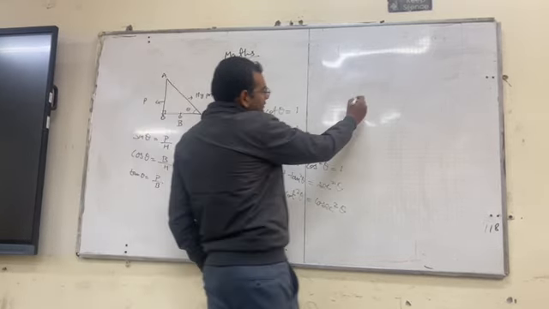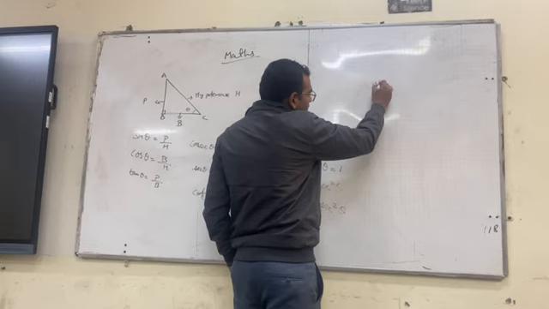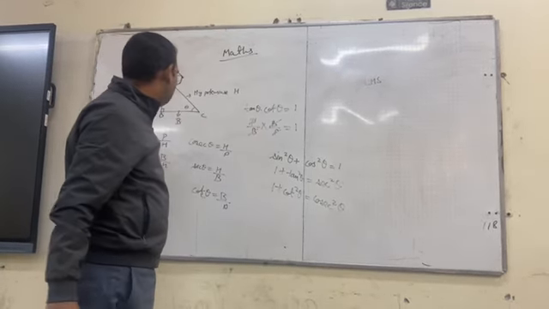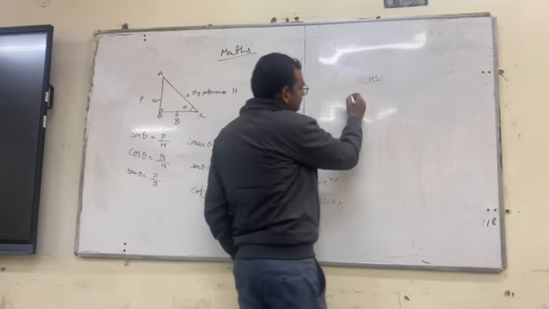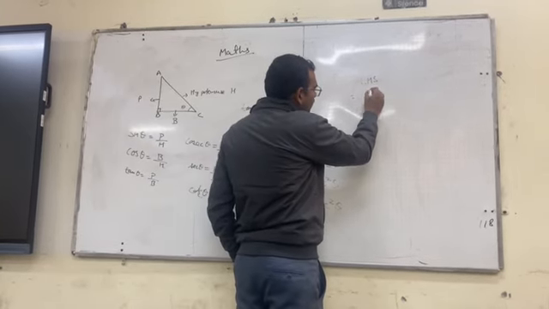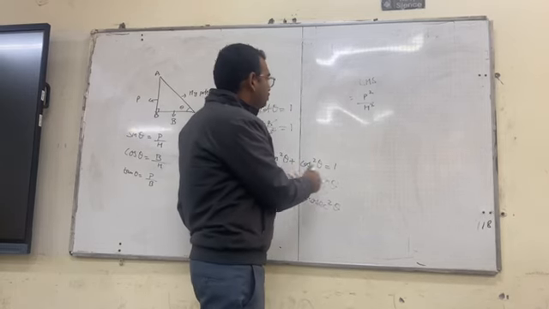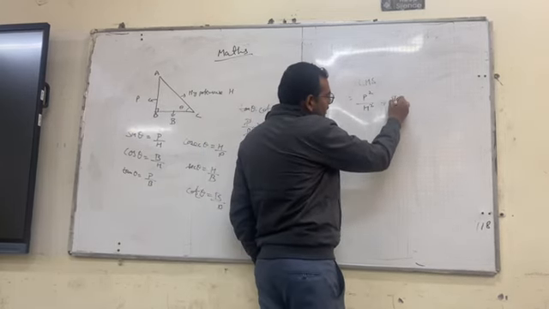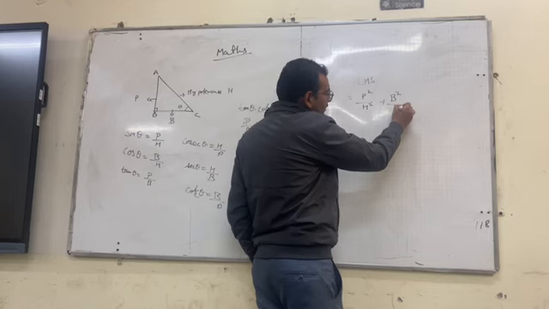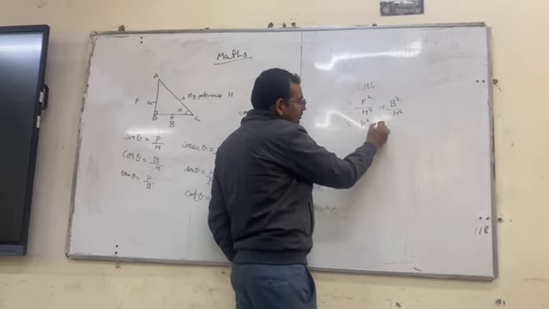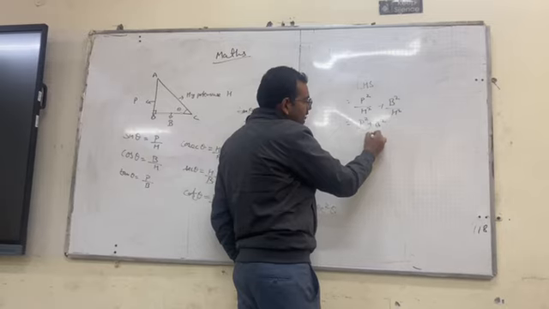Let's take LHS. What is sin squared theta? Sin squared theta equal to perpendicular square upon hypotenuse square. Similarly, cos squared theta equal to base square upon hypotenuse square. If we add these two terms, we will get perpendicular square plus base square upon hypotenuse square.